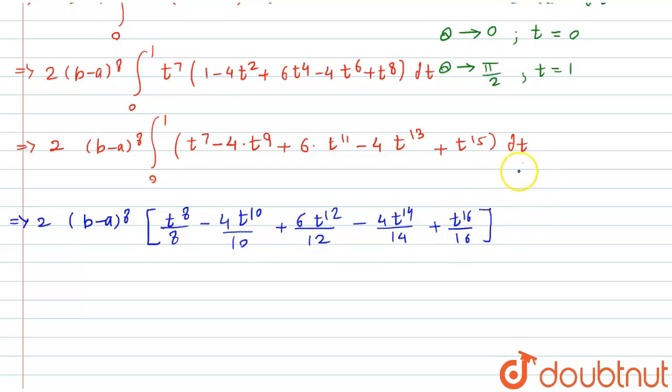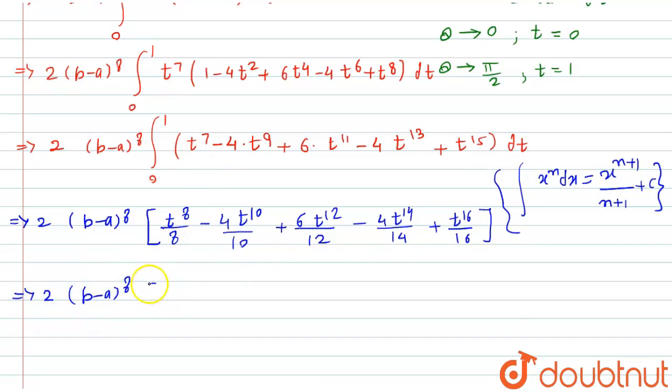By using the formula of integration of x raised to n dx equals x raised to n plus 1 divided by n plus 1 plus c, we have expanded: 7 plus 1 becomes 8, by 8. The limit here will be from 0 to 1.